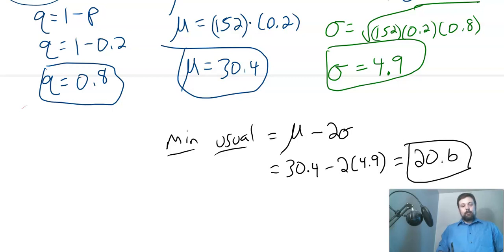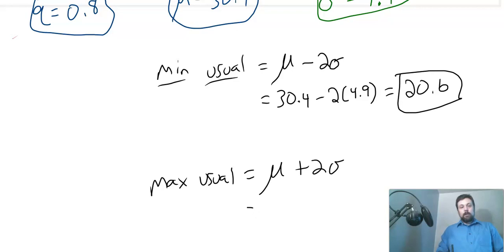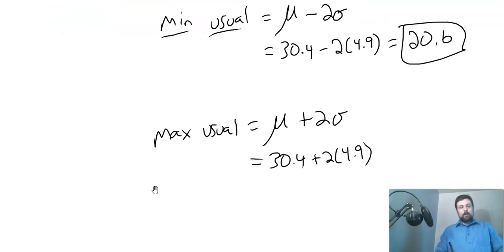For the maximum usual value, it's the mean plus 2 times the standard deviation, which is going to be 30.4 plus 2 times 4.9. Just scroll down a little more so I have some room to write. So 30.4 plus 2 times 4.9, which will be 40.2.